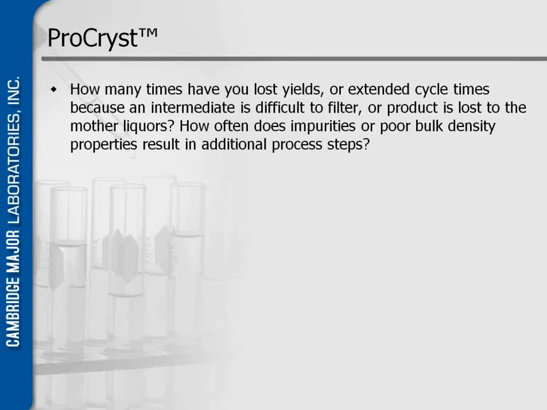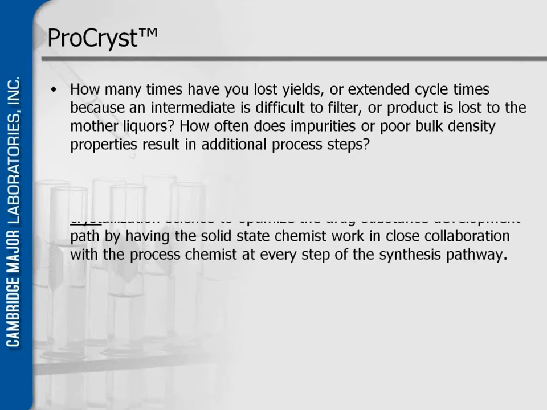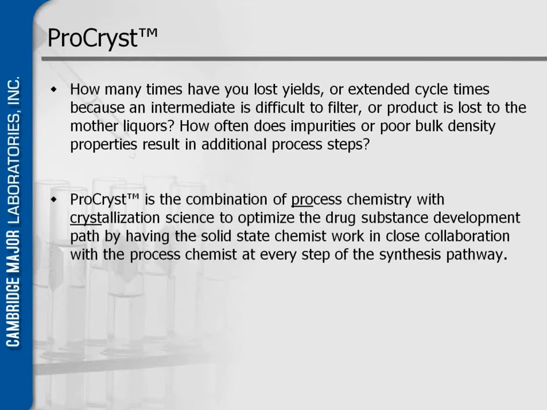And that can be that either your crystallization is not okay, your form is not consistent each time, you have mixtures, you have a lot of amorphous material available. These are all things that may occur. So that is why we combine process chemistry and crystallization science, and by working together in this process, on each and every step you can improve both.